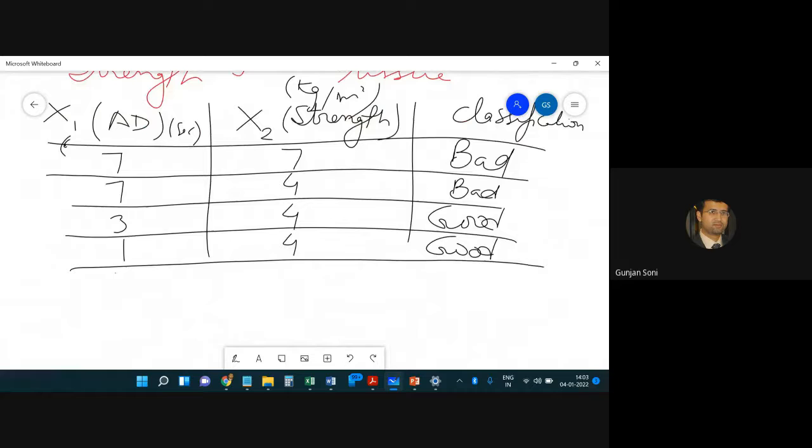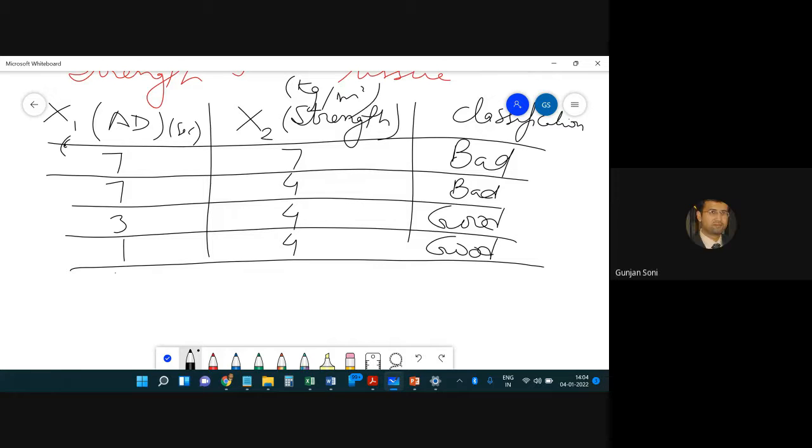Okay. Now, next what we do is, can you tell how do we go ahead with this? What are we supposed to do? Can anyone make a guess? We give the data to the system, and then we ask it to classify whether the data points x1, x2 fall under the good or bad category.